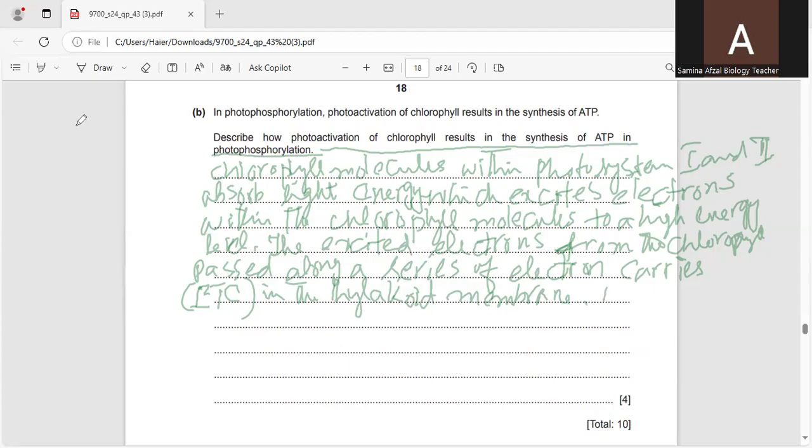So as electrons move through this electron transport chain, they release energy.